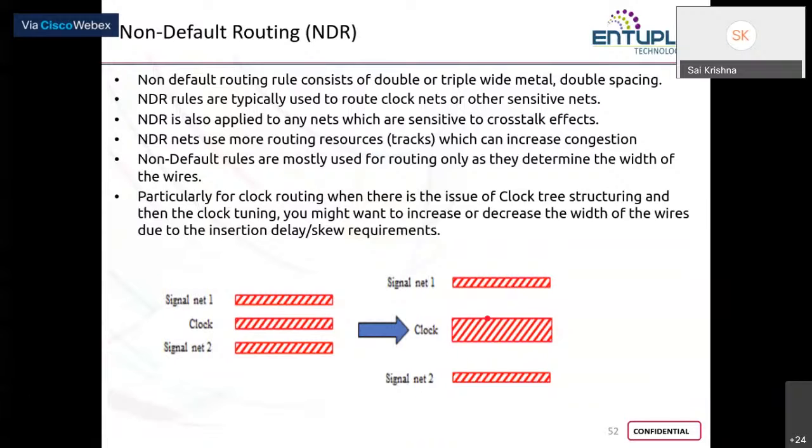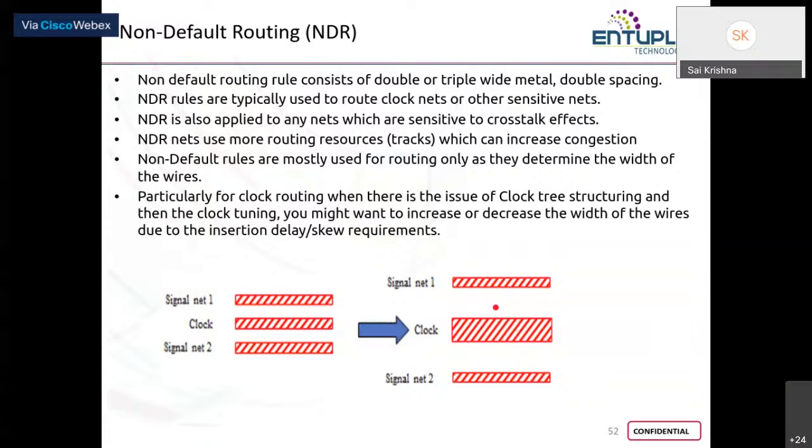When you increase the width of your clock, the overall resistance further decreases, and so clock propagation is better. And having more space between your clock net and signal net will avoid crosstalk. Okay.